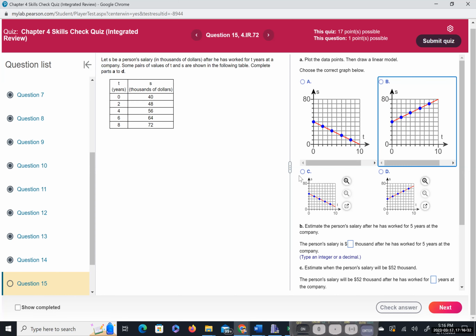I will right away eliminate answers A and C because they are both decreasing. I'm just going to stick with B and D and see what happens.